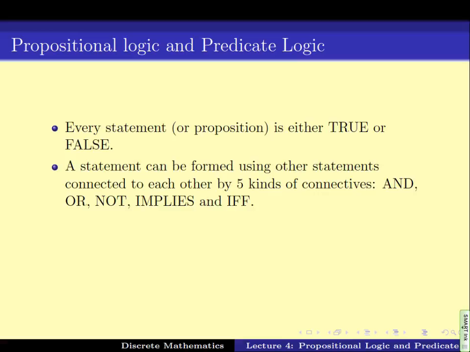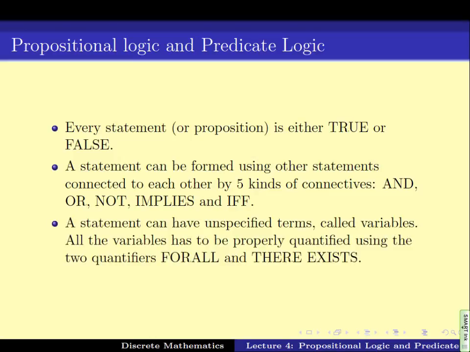A statement can be formed of other statements connected to each other using 5 different kinds of connectives: and, or, not, imply, and if and only if. We also saw that a statement can have variables, unspecified terms, but all the variables have to be properly quantified using the two quantifiers, for all and there exists.